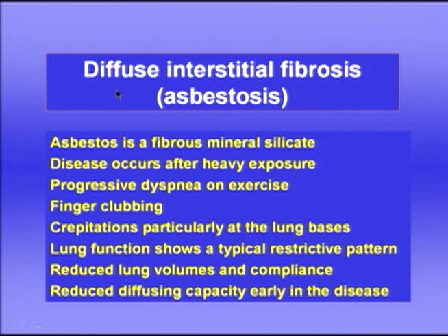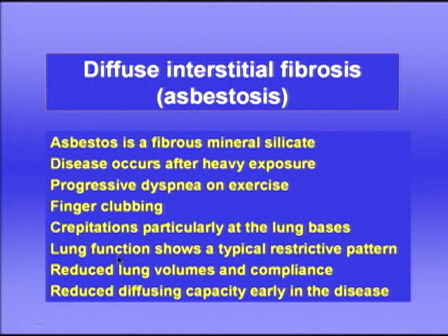As with other forms of diffuse interstitial fibrosis, there's progressive dyspnea on exercise. You often get finger clubbing. You get these fine crepitations or crackles by auscultation, and as far as I know, the reason for that is not fully understood. There's no fluid in the lung, but the fibrosis causes these fine crepitations for some reason.